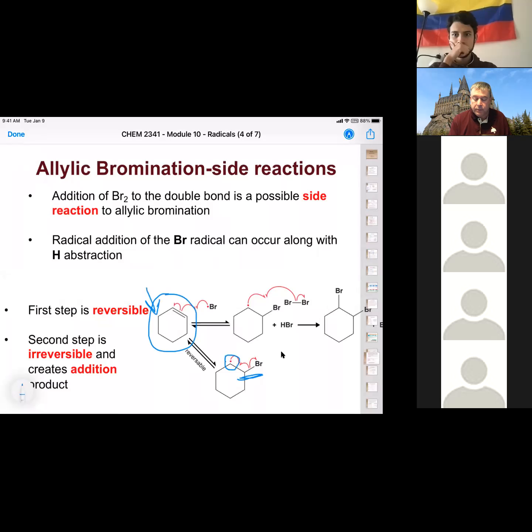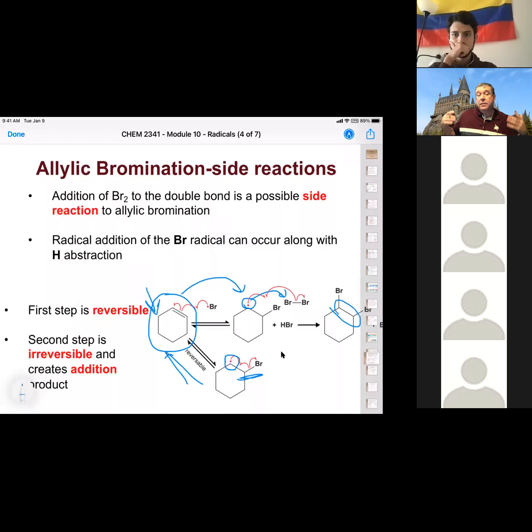Fortunately, that's the reversible reaction because we'll go back to starting materials. However, if it does not go back to the original alkene, it can do a radical abstraction of a bromine and lead to the dibromo compound. So that would be an irreversible side product of the system.